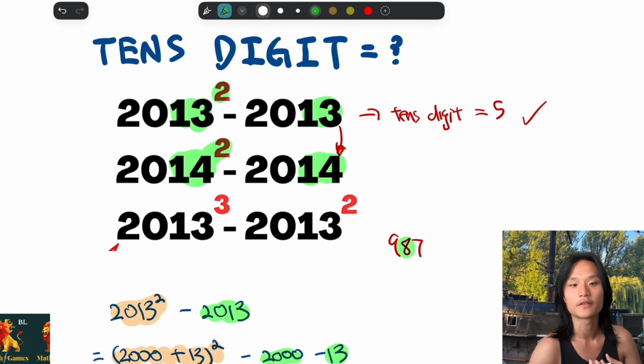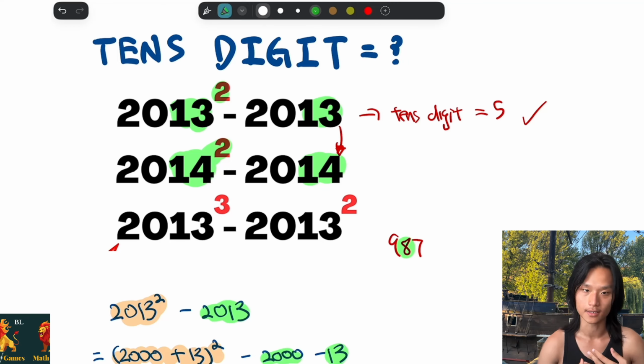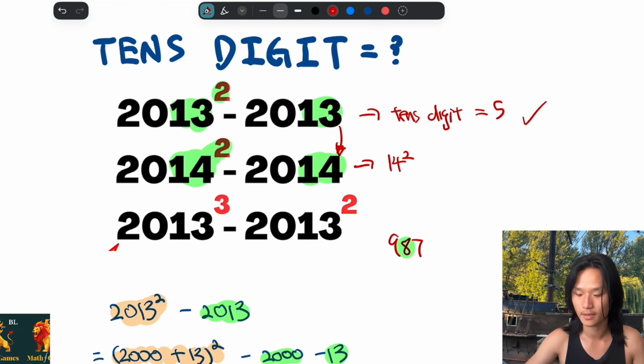Another way to think of this is if you divide 2014 by 100, the remainder you get is 14. So only the tens and the units digits matter here.